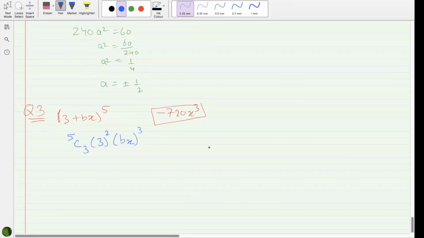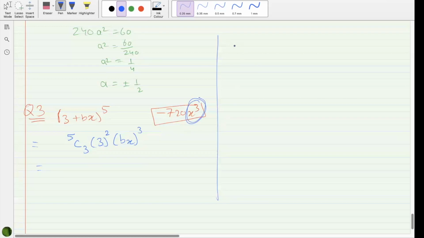Any doubt? No, sir. I have one question again. Yes. What does the second number after C mean, the 3 in this case, in 5C3? We wrote this 3 because we wanted x cube.